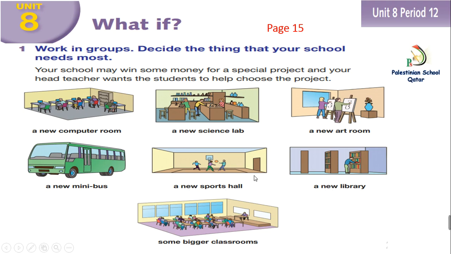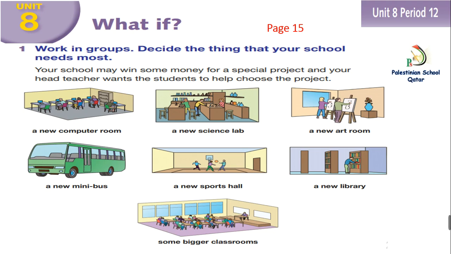So any choice you choose, it's good, but you have to tell me why. So choose from these 7 pictures what the school needs most. Or any choice from your mind. It's not important to use these pictures.